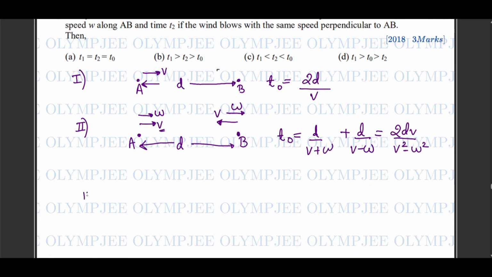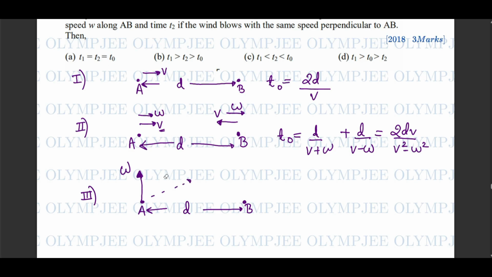Now case 3 is a bit tricky. It says that the velocity of wind is perpendicular, so the plane cannot move in the plus i direction, because if it moves in the plus i direction, then the perpendicular velocity W will deviate it and it will go along this path.